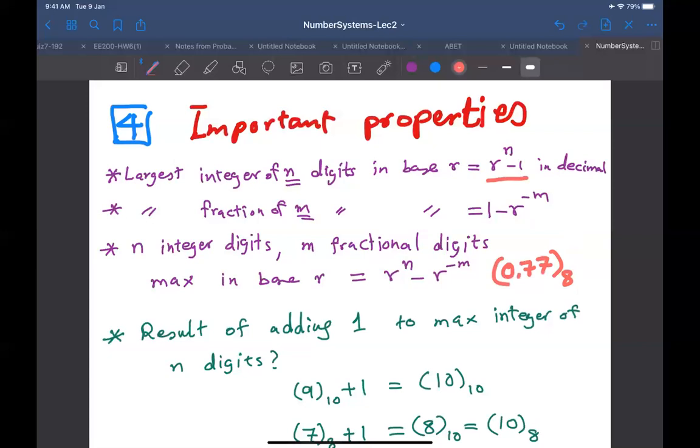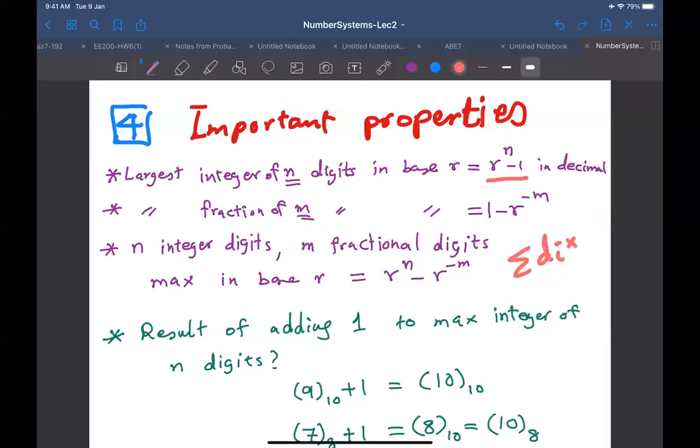You should say immediately it's 1 minus, not 2, it's 1 minus 8 to the minus 2. Okay, you get that? It's important to understand these two properties. You can derive them immediately from the conversion formula from any base to decimal, which is this formula here.